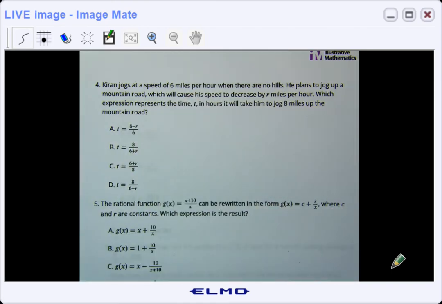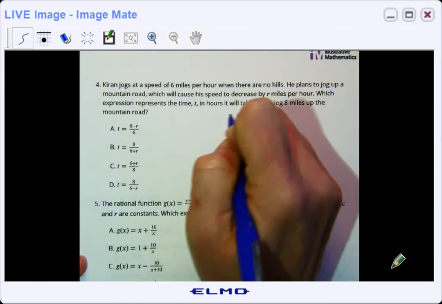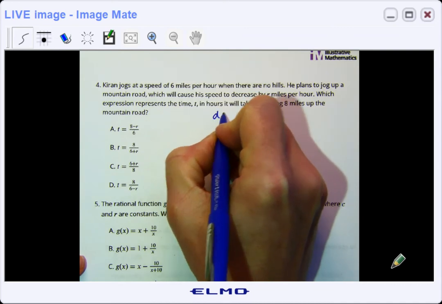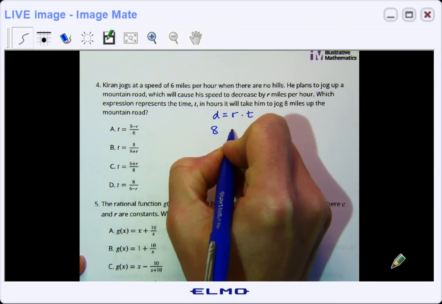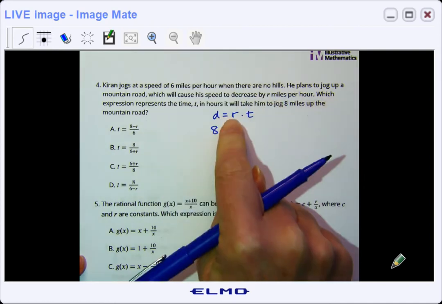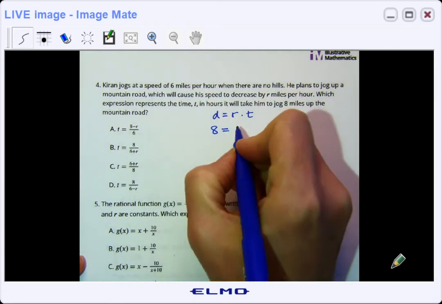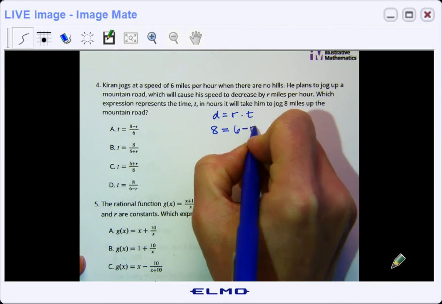Which expression represents the time in hours it will take him to jog 8 miles up the mountain road? Okay, so we know we've got distance equals rate times time. So the distance is 8, and his rate is typically 6 miles per hour, but it's being slowed down, so we'll write 6 minus r.